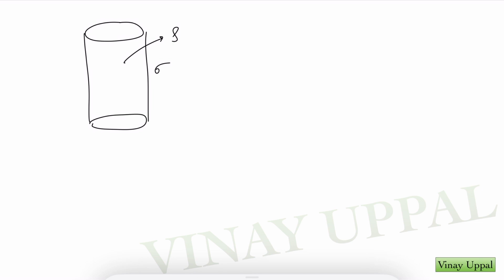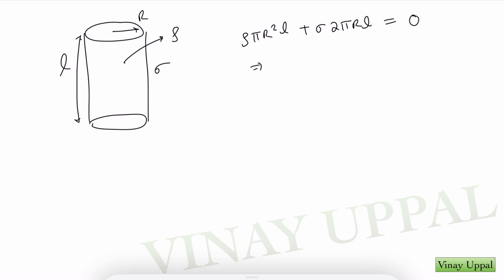So I can just write that the conductor total is neutral, so I should have rho into pi r square L plus sigma into 2 pi rL should be equal to 0, and therefore you can get sigma in terms of the charge density that we already found out on the previous page. And you can see sigma will have to be negative because rho is positive. That basically means that some electrons have gone to the outermost surface, leaving behind positive charge inside the volume of the cylinder.